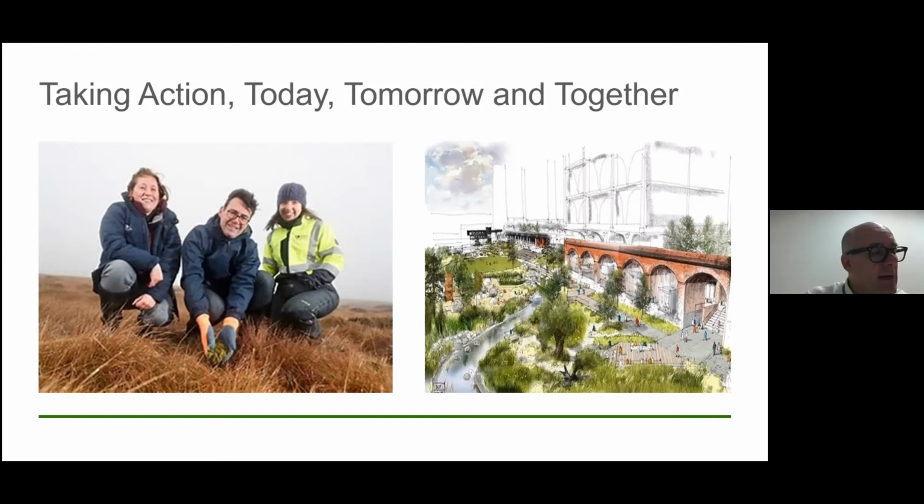But also signing up to the Edinburgh Biodiversity Declaration, which is something that we're looking at delivering at the moment, as well as appointing a natural environment champion. And that champion will be able to engage with the public, particularly around the Green Spaces Fund, and help to promote the natural environment in Greater Manchester.